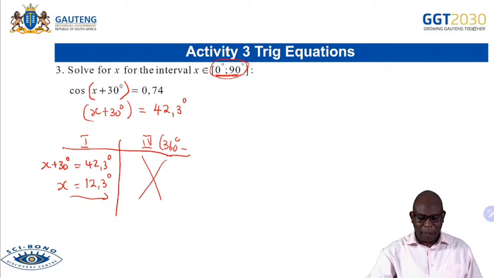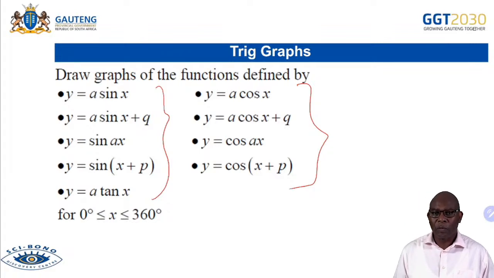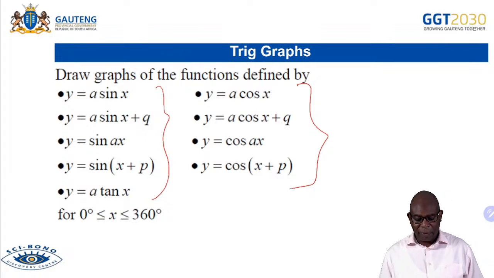Okay. All right. Now the next work here is the trig functions. These are the trig functions that we do. You must learn these trig functions, and you must remember our graphs are only between 0 and 360 degrees.